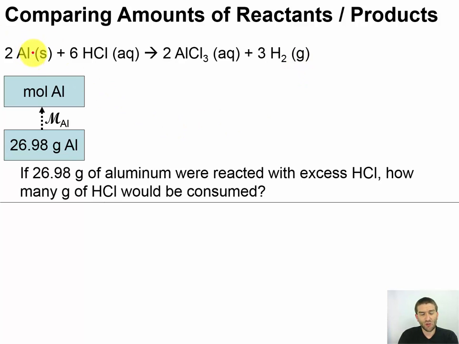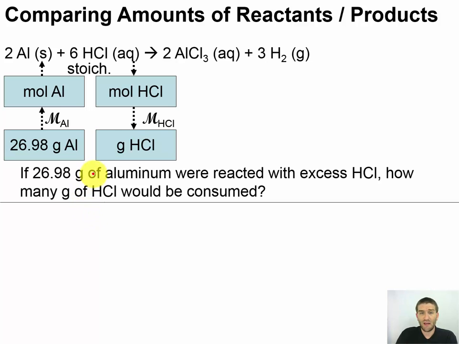Well, the ratio of aluminum that we have to the HCl we're going to consume, for every 2 moles of aluminum we use, we'll be using 2 moles of HCl. So we'll use the stoichiometric coefficients to get us to moles of HCl. The very last step we're going to do is get to the unit we need to be in, which was grams of HCl. And to go from moles to grams, we're going to use the molar mass of HCl. That's our basic approach that we're going to use here.